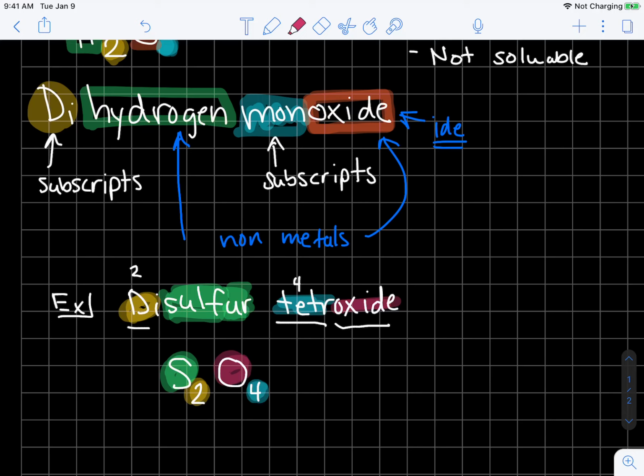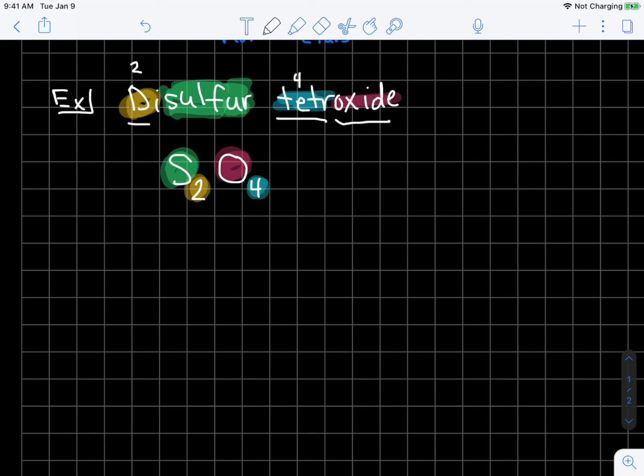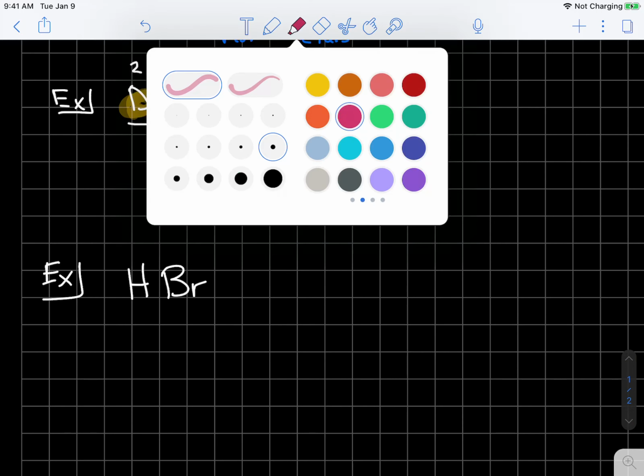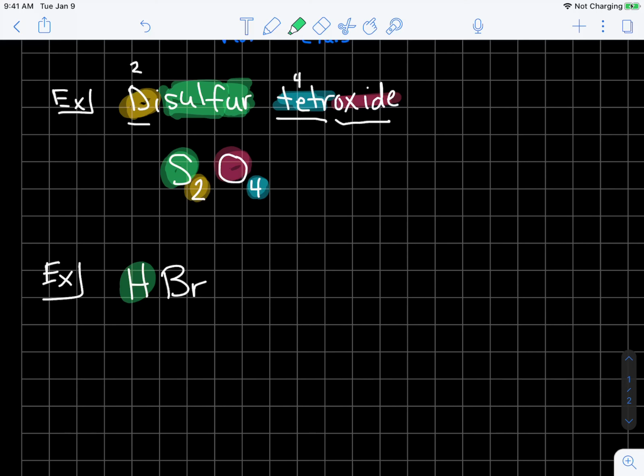All right, now let's try it the other way, and let's try writing the name given the formula. So I give you HBr. Now when you have no prefix in front of the first, or when you have no subscript on the first nonmetal, remember it's a 1, right?